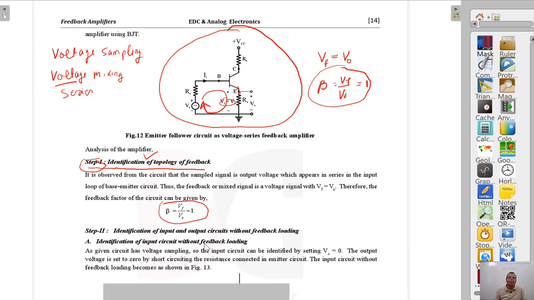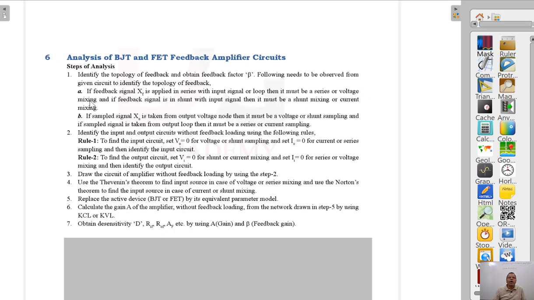Identification of the input circuit without feedback loading. Now you need to go back to the rules. Let us go back to the rules, then I will come back to this step.